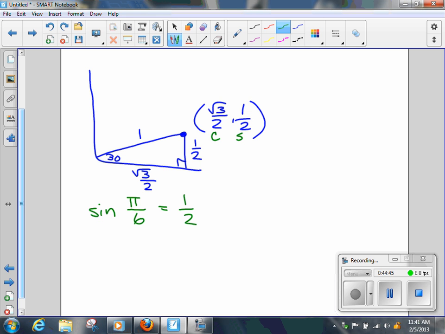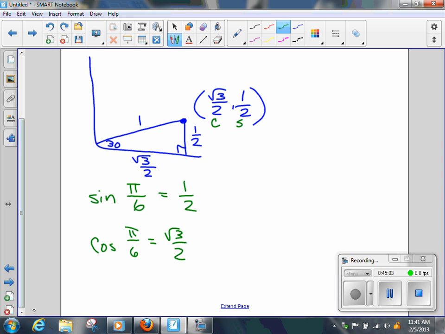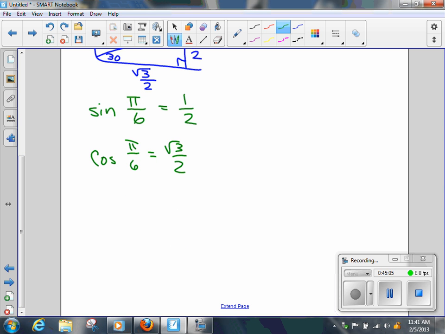From the ordered pair, I already know that the sine value of my pi over 6 angle is 1/2. I also already know that the cosine value of pi over 6 is root 3 over 2. It's already in our head. We already know it. Oh, tangent.